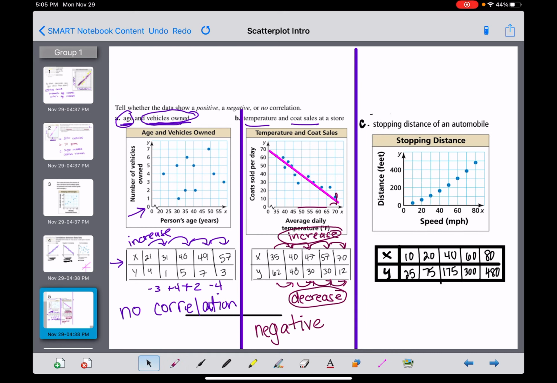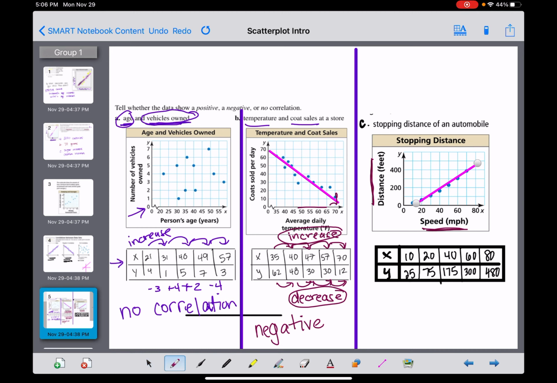Our last example is comparing the stopping distance of an automobile, so how fast a car is going to how long it takes the distance for it to stop. I can draw a line of best fit through my data and see that it is trending in an uphill direction by just looking at, as I said before, the slope.